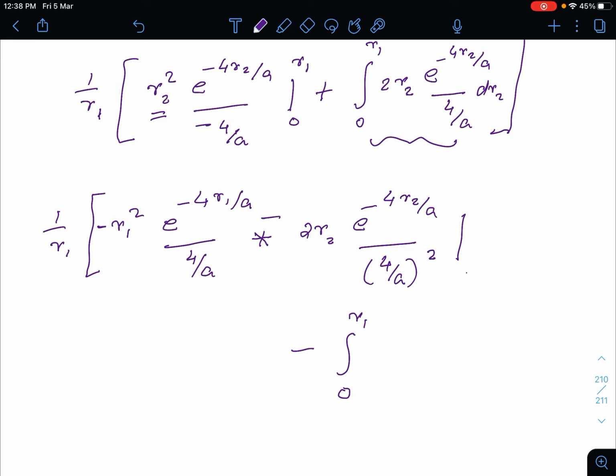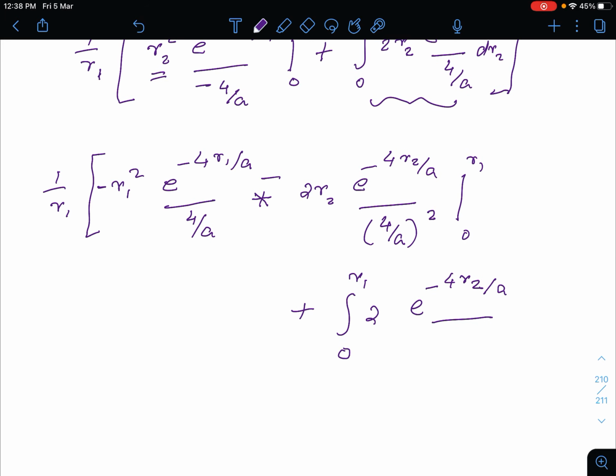so the limit will be there 0 to r1, minus integral of differential of the first function, that is 2, into integral of minus 4 r2 by a divided by plus 4 by a whole square.